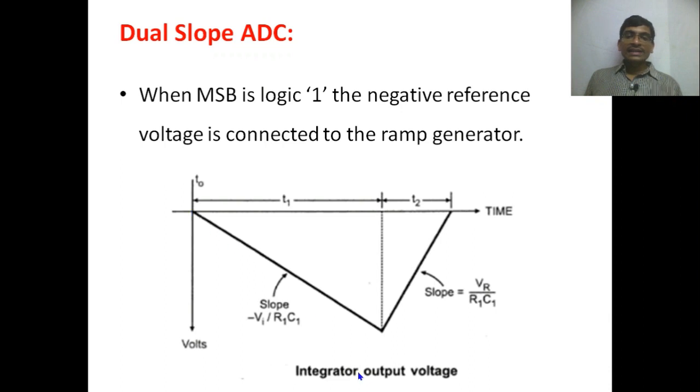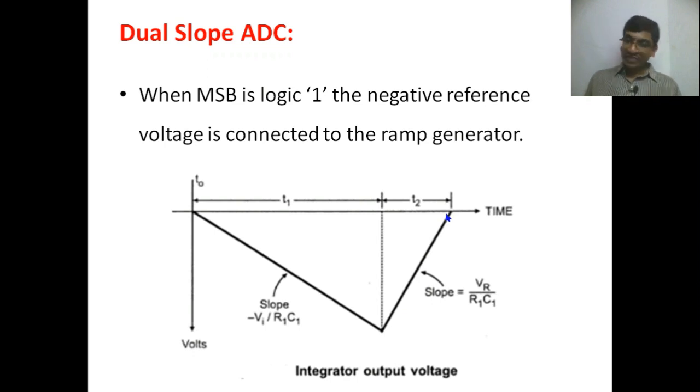Until the MSB reaches 1, the integrator output is a negative going signal with a slope of Vi by R1 C1. The time taken for the MSB to become 1 is T1. Thereafter the V reference voltage is connected to the input of the integrator, and since it is a negative reference voltage, the integrator output is positive.